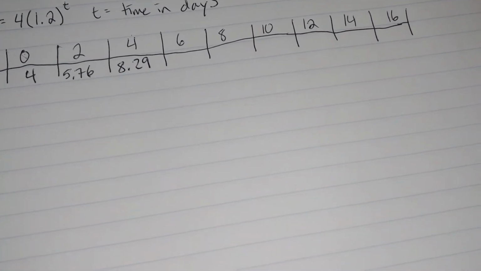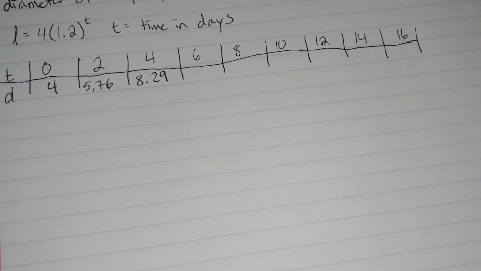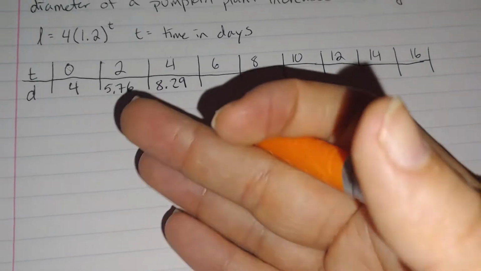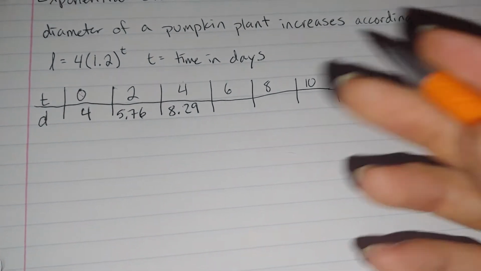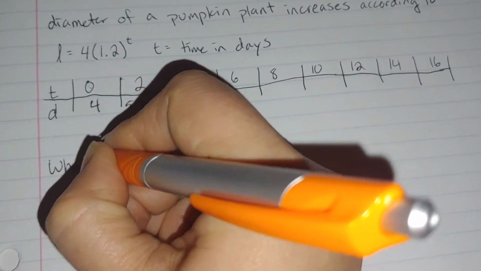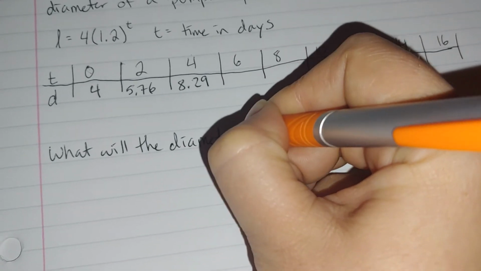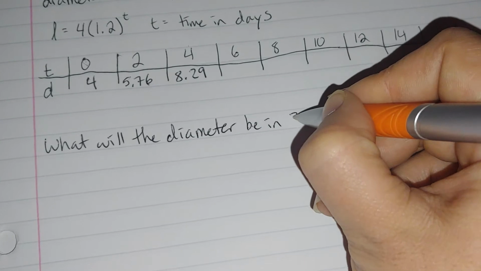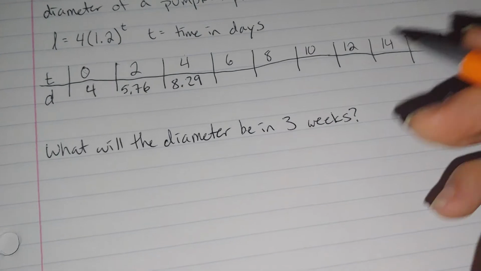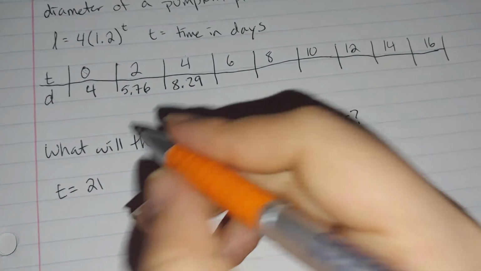All right. From there, I can draw a graph. I can take a look at how long the plant is when t is 0. I can also see where it will be in time beyond this. So, what if I wanted to know what will the diameter be in 3 weeks? Well, 3 weeks is 21 days. Do not put a 3 in here.